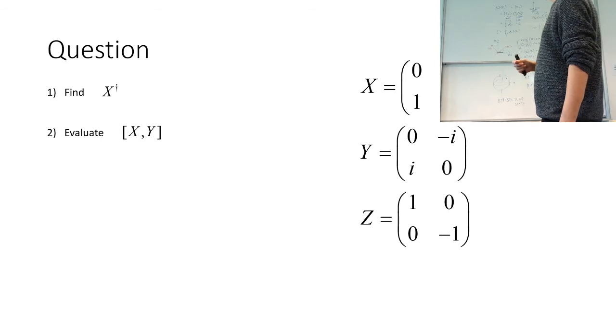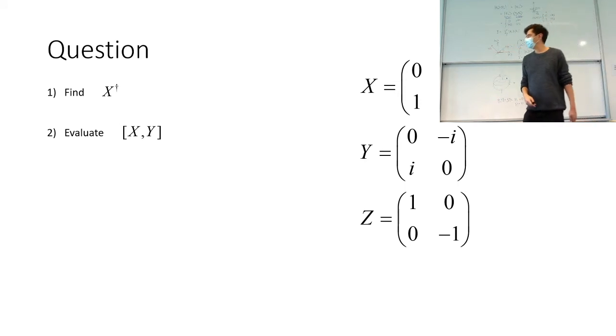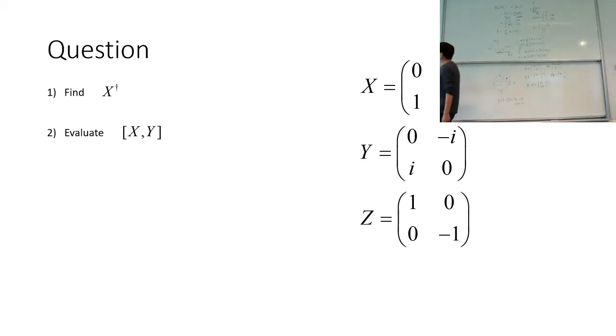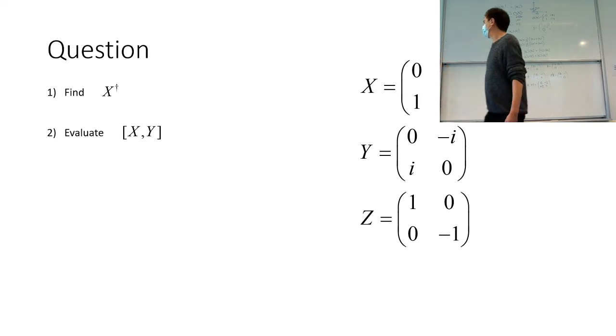Right, it's just the same. So this is an example of a matrix where the Hermitian conjugate is actually the same matrix. So x dagger is equal to x.